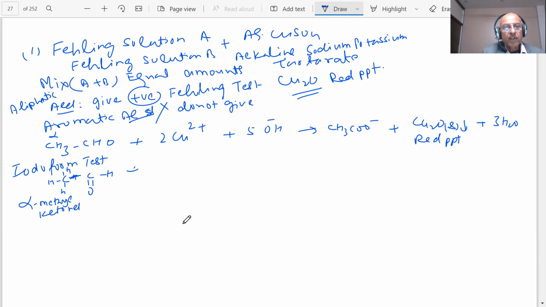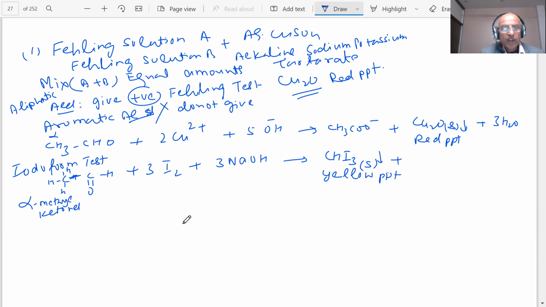You react with iodine and NaOH, students. What do you get? CHI3, which is a yellow precipitate. And 3HI, and the other part gets oxidized to the sodium salt. See, this is the story.